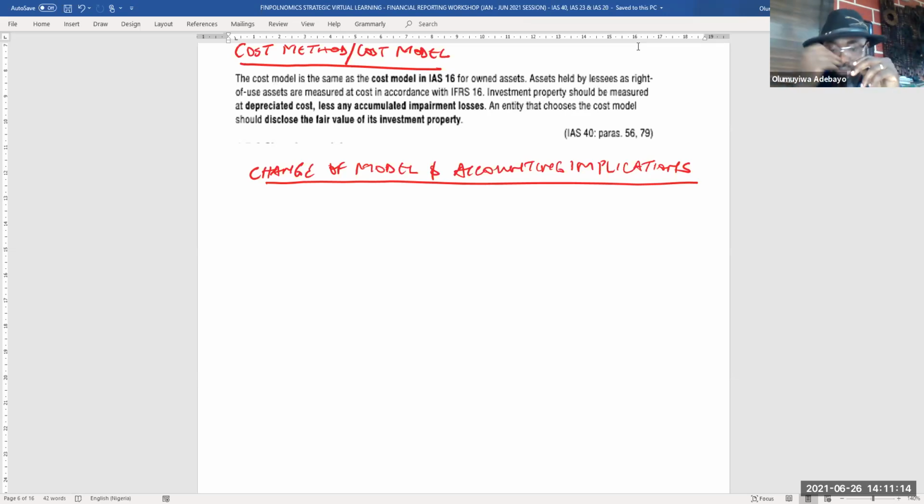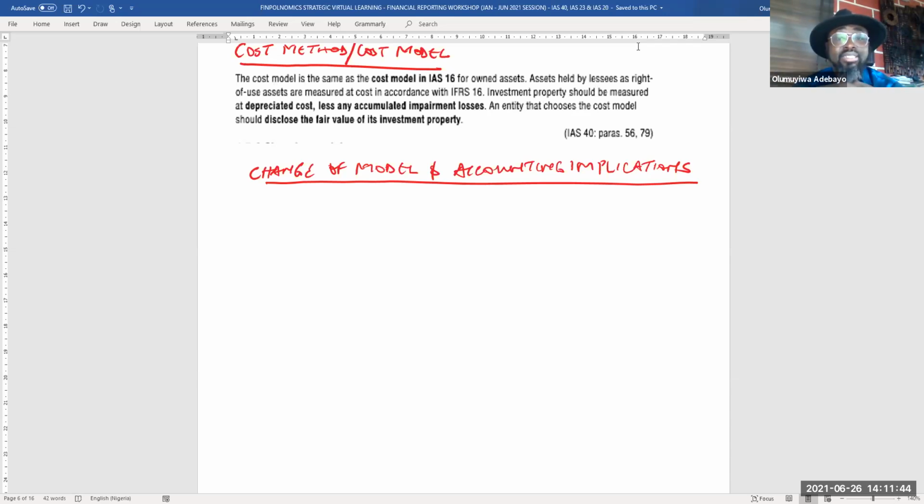Conversely, if we are changing from fair value model to cost, now the standard also provides to us that the fair value of the property will more or less become a default carrying amount, if need be. And that will be recognized.